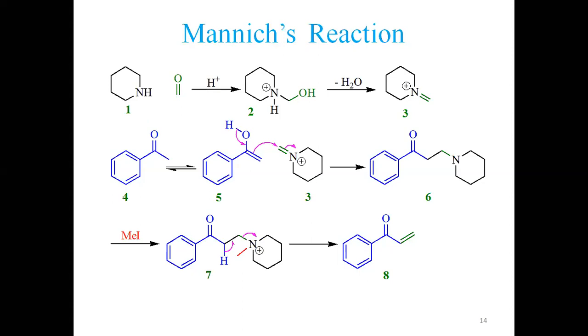This is read as Mannich. Mannich is the name of the scientist who first of all used these protocols, using a secondary amine reacting with a reactive non-enolizable aldehyde, and then it was reacted with a donor species. All right. So an enolizable carbonyl system.